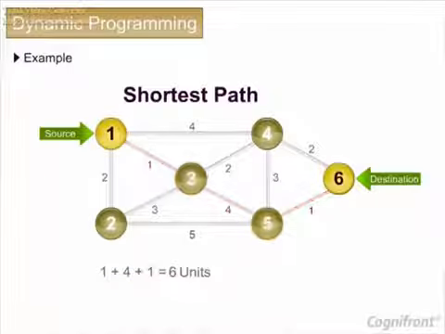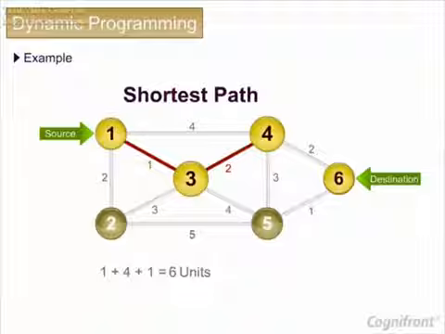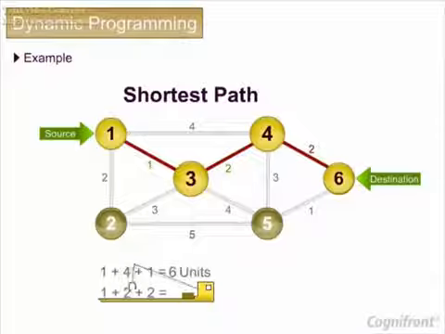Now let's consider another path. Suppose we move from vertex 1 to vertex 3 and then to vertex 4 and finally to vertex 6. Thus, it gives us the path length as 5 units.